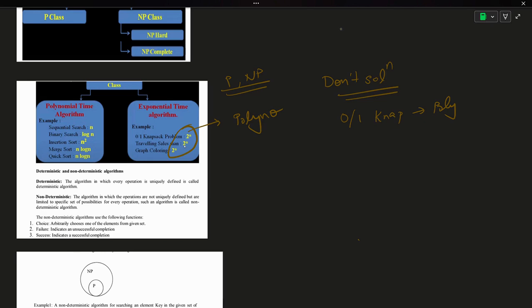So if you are unable to solve these exponential time algorithms in polynomial time, then at least show some sort of relationship between them, such that if one problem, say 0/1 knapsack, is solvable in polynomial time, then all other problems can also be solved in polynomial time. And for that to happen, we need a base problem. We need a base problem.